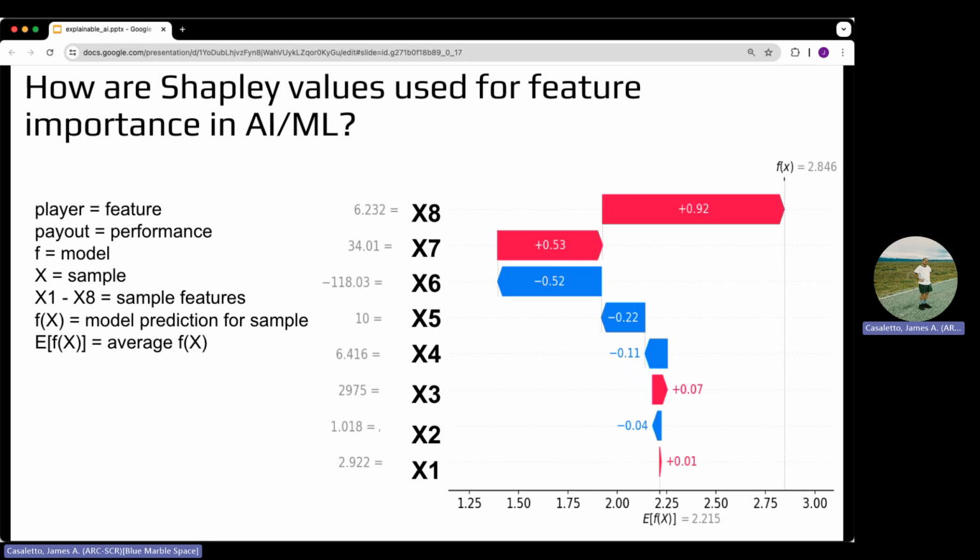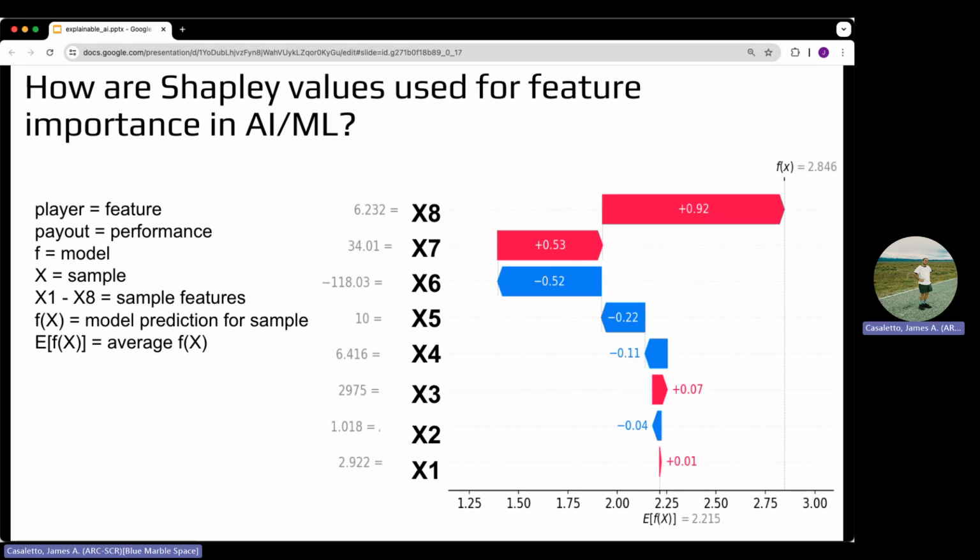When the x3 feature is added to the model prediction, it moves the prediction 0.07 in the correct direction towards f(x). And we continue in the same fashion until x8, which contributes 0.92 to the model prediction f(x). Based on this example, we would say x8 has the best contribution and x6 has the worst contribution.